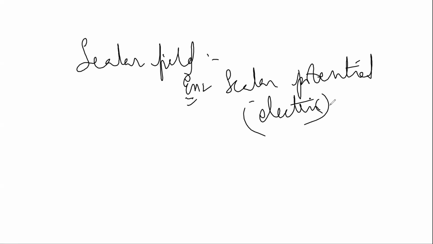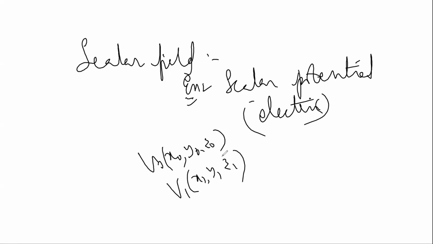Now, electric potential due to a single positive charge Q depends on the position of the point from the charge. At some position it may be x0, y0, z0. At some other position it may be V1 at x1, y1, z1. So these are scalar point functions at positions x0, y0, z0 and at point x1, y1 and z1.